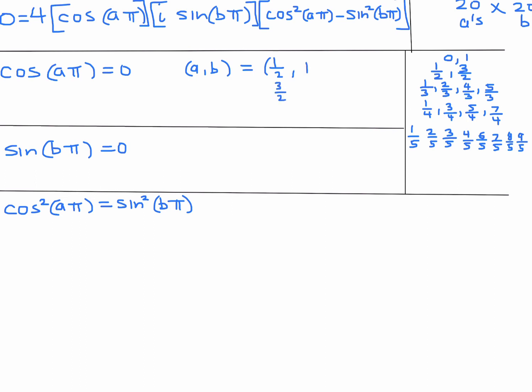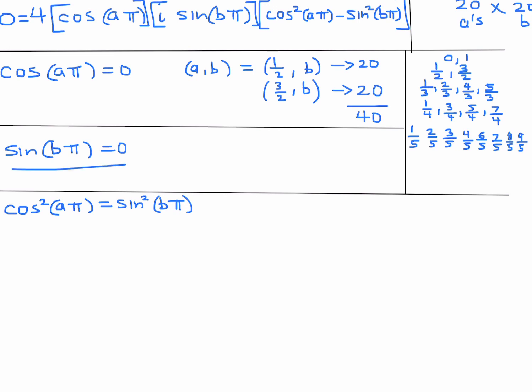And b can be anything, any of those 20. So we can pair 1/2 with any of those 20. That gives me 20 possible pairs. And we can pair this 3/2 with any of those 20 b's, giving me another 20. So this gives me a total of 40 such pairs.